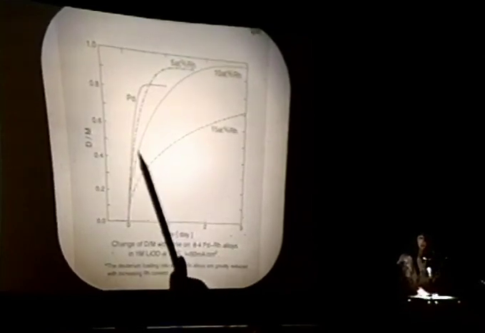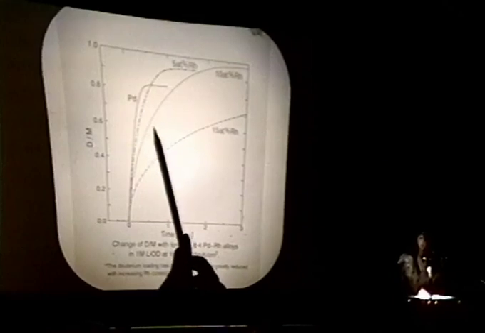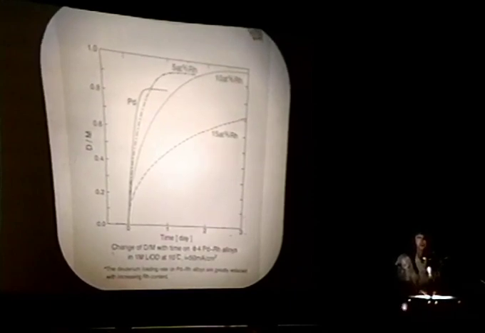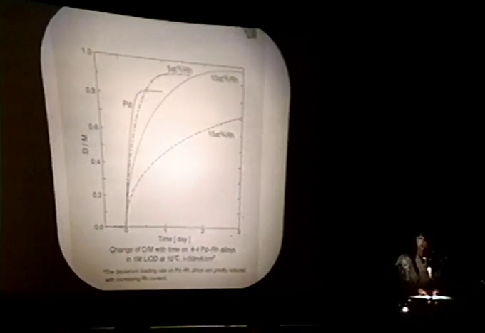This is palladium, 5%, 10%, 15% rhodium alloy. The deuterium loading rate on palladium-rhodium alloys is greatly reduced with increasing rhodium content.